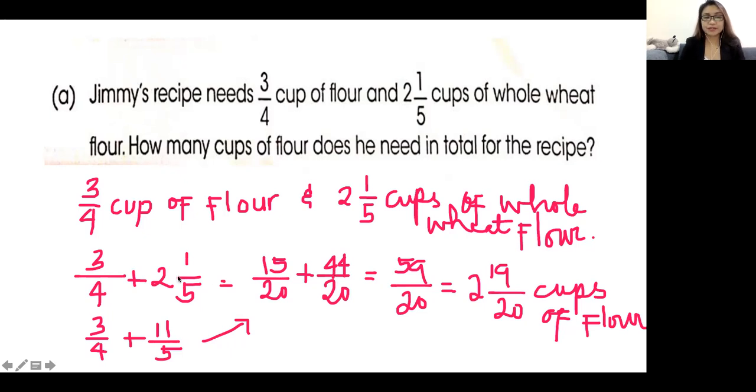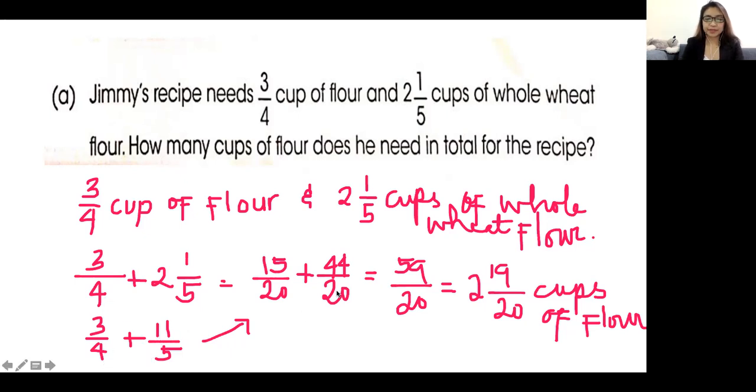Okay, this one first, you have to make it, you can do like this, you can make it as improper fractions, which is 5 times 2 is 10 plus 1, that is 11 over 5. Okay, so that is 11 over 5.